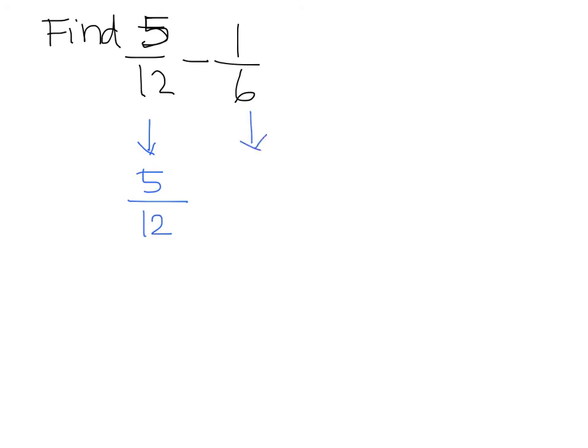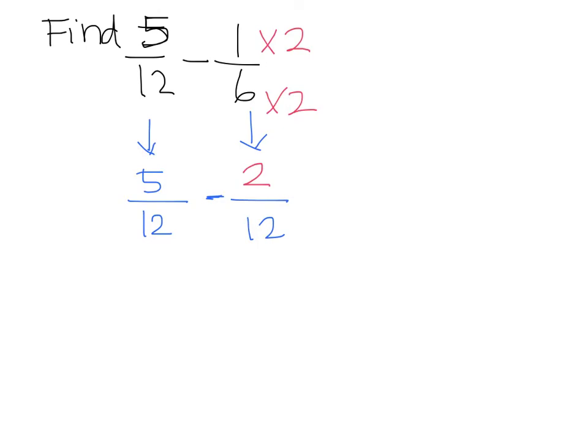But my 1/6 does need to change into 12ths. The equivalent fraction has to be in 12ths. So 6 times what will give me 12? 2. Very good. Whatever I do to the bottom, I do to the top. So 1 times 2 is 2. 1/6 and 2/12ths are equivalent fractions. They're the same fractions, just written in two different ways.